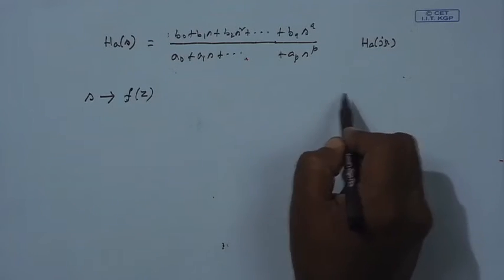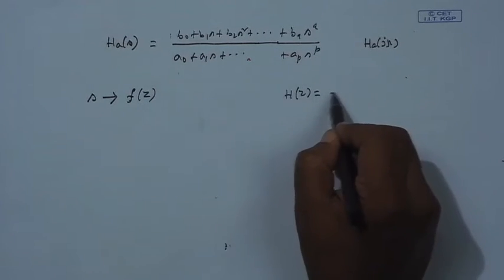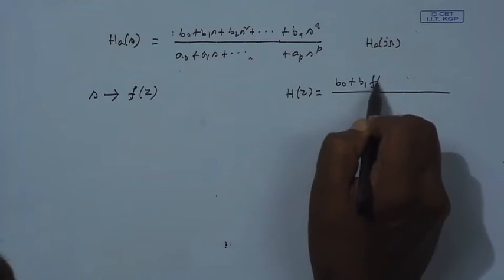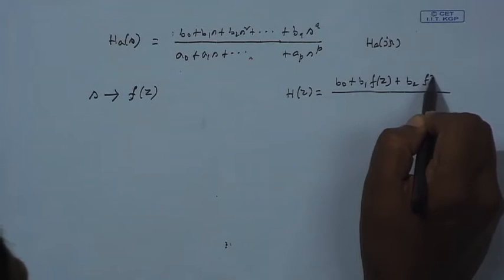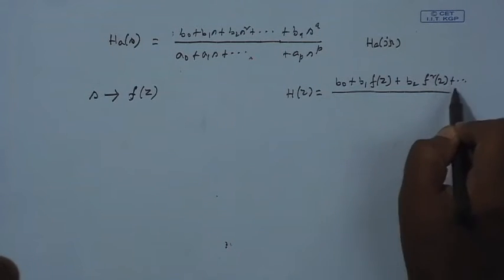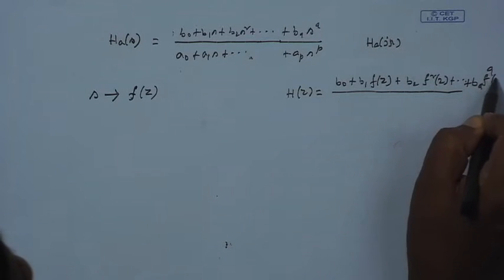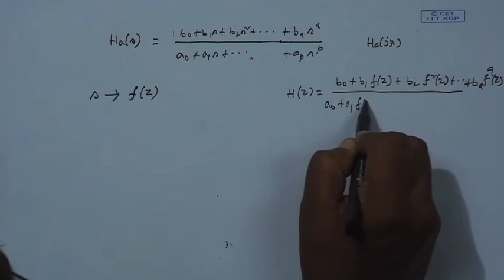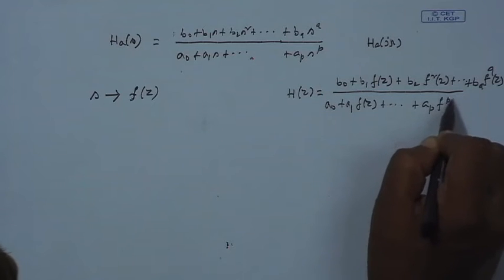You design a function f(z), so that wherever there is s, you replace that by f(z). So, you will get a function H(z) of this form: B0 plus B1 f(z) plus B2 f square(z) plus dot plus B_q f to the power q(z) divided by A0 plus A1 f(z) plus dot plus A_p f to the power p(z).